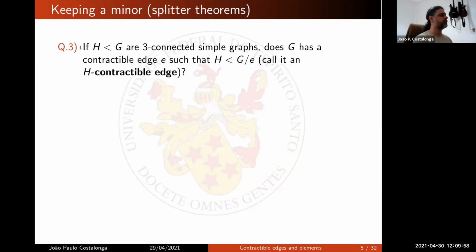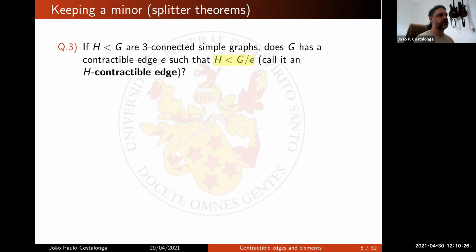And a third type of question is about minors. If H is a minor of G, and those graphs are 3-connected simple graphs, and I added simple here because when we talk about minors, this will be relevant. Does G have a contractible edge e such that H is a minor of G contracted by e?